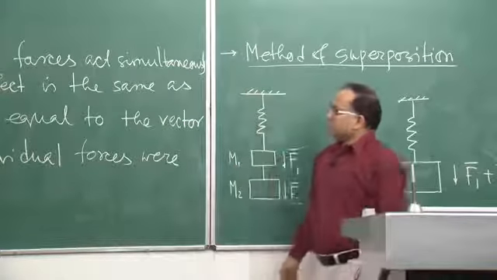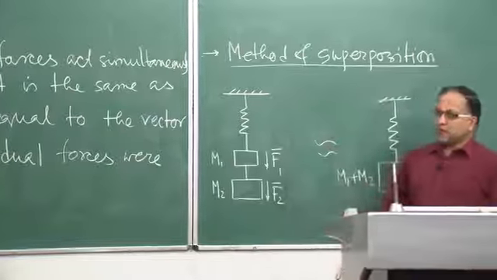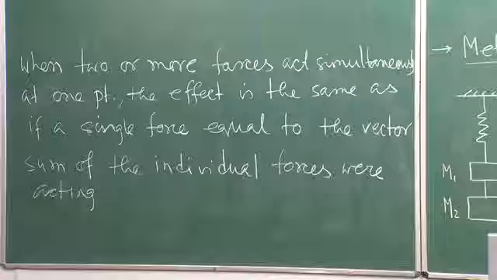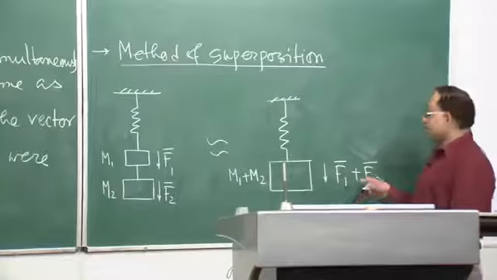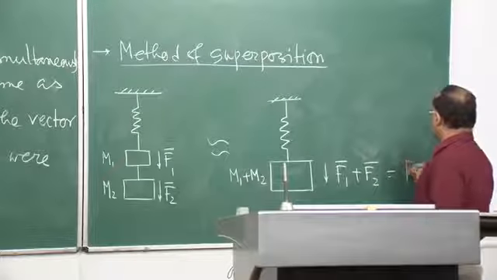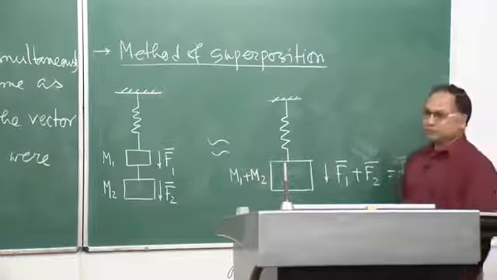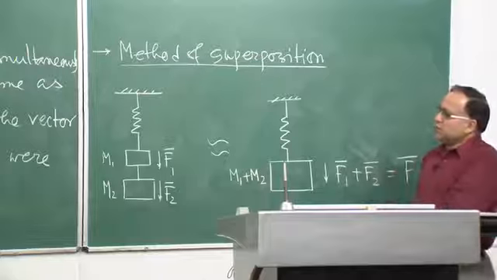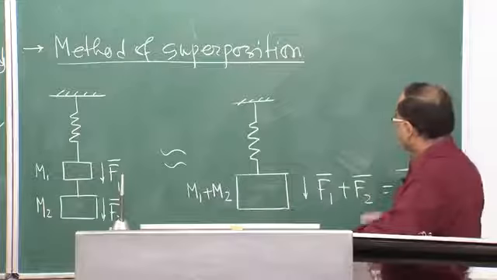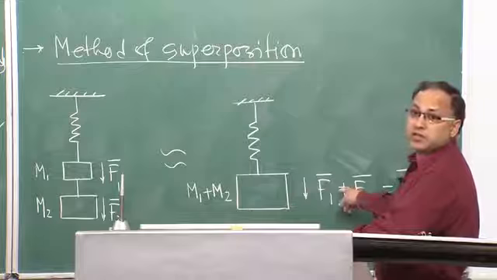The effect is the same as if a single force, that is F1 plus F2, say a single force F, equal to the vector sum of the individual forces F1 plus F2 were acting.